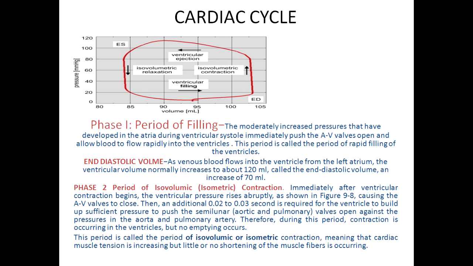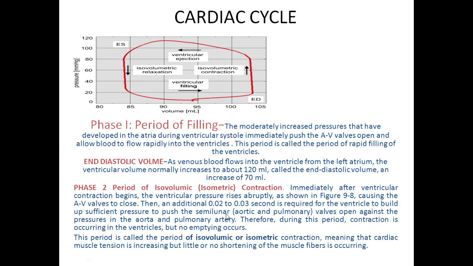Once the AV valves are closed, the built-up pressure in the ventricles will lead to opening of the aortic valve. Okay, so here the blood enters into the aorta. See, immediately after ventricular contraction begins, the ventricular pressure rises abruptly, causing the AV valves to close.